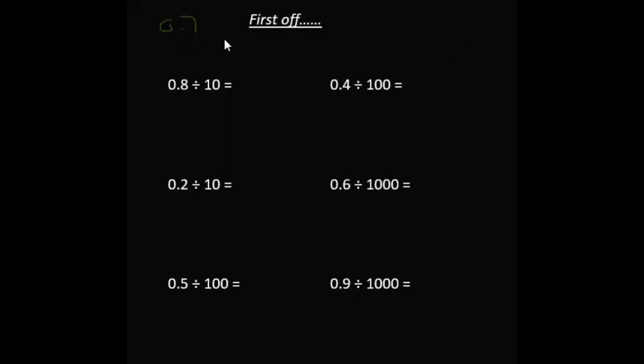The decimal moves to either the right or the left by counting the powers of 10. So 10, 100, 1000, 10,000, and so on, right? So if it's divided by 10, then it moves once to the right, because 10 to the power of 1 is 10. So then the decimal point would come here, which will make this 0.7 to 7.0, right?